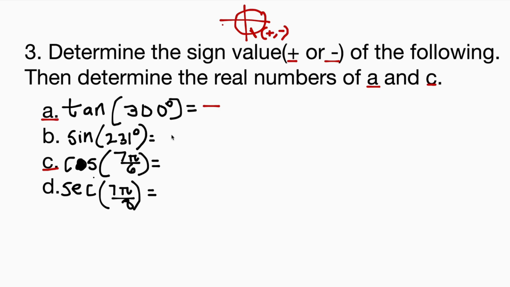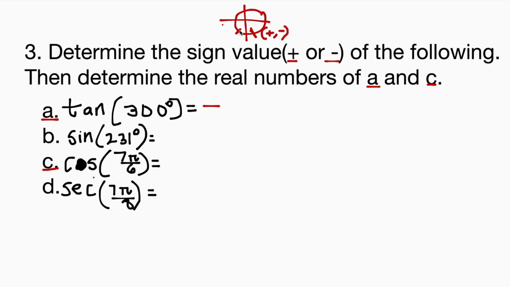Let's move on to B, sine of 231 degrees. That is roughly about here. Sine is opposite over hypotenuse.